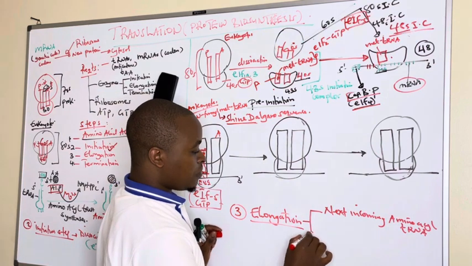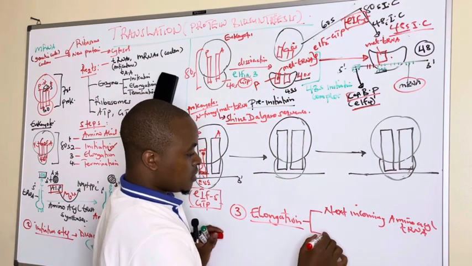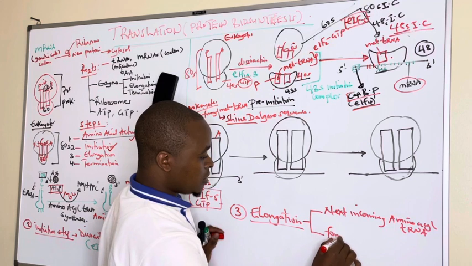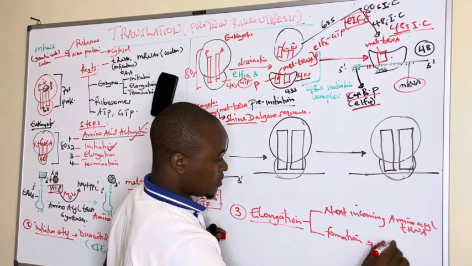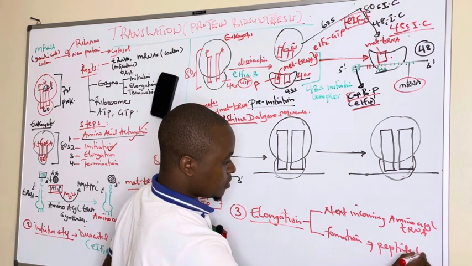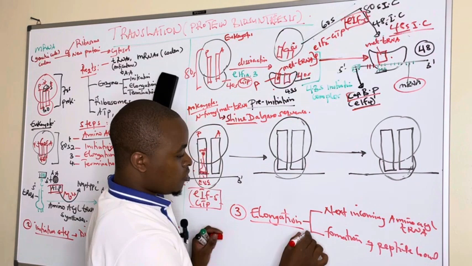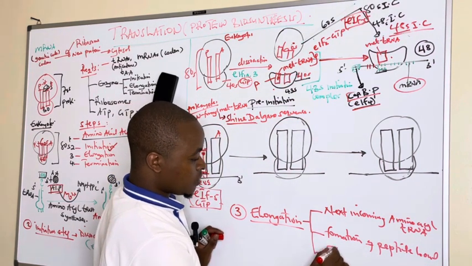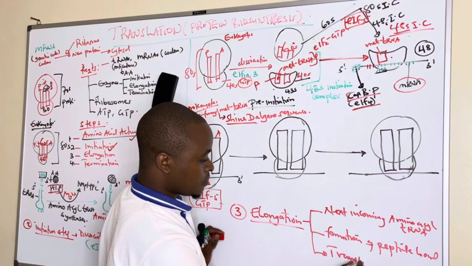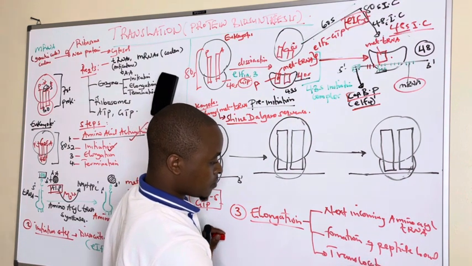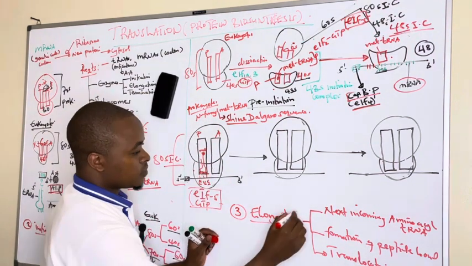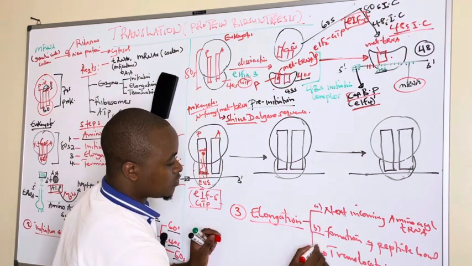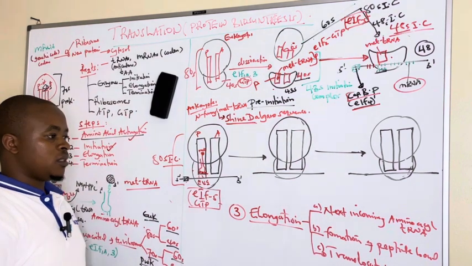Then the second step, we are going to see the formation of the peptide bond. Then the third one, we are going to see translocation. So these are the major 3 steps that occur under elongation.